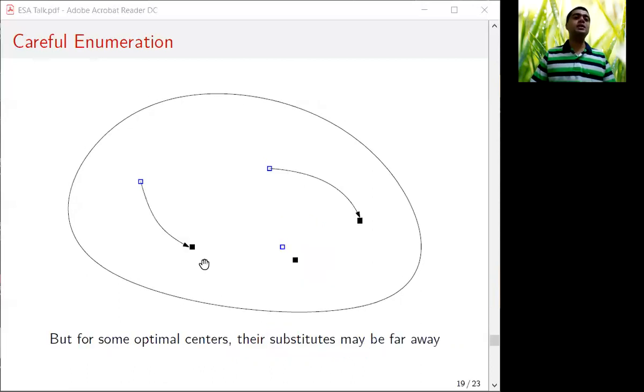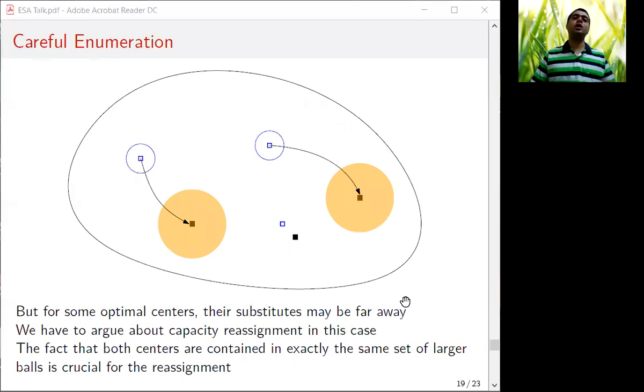But then some other centers may not find a replacement that's very close. In this case, we have to argue about the capacity reassignment. The argument here is fairly technical, but it crucially uses the following 2 things. First of all, the careful greedy manner where we use the density of Ri neighborhoods to find these replacement locations.